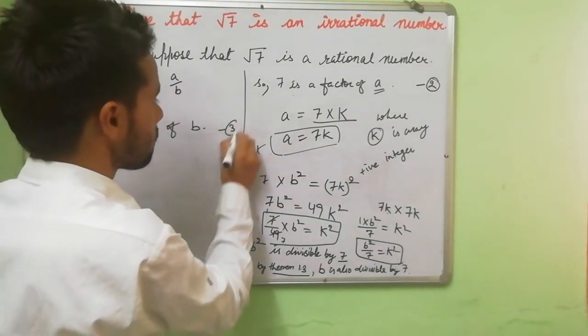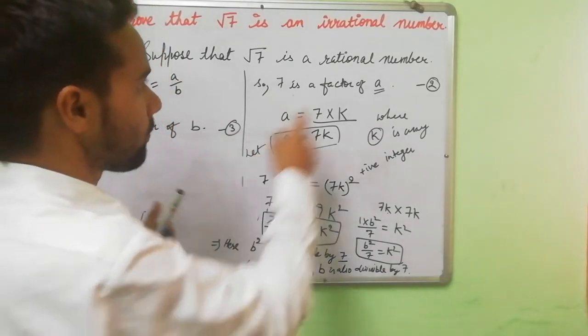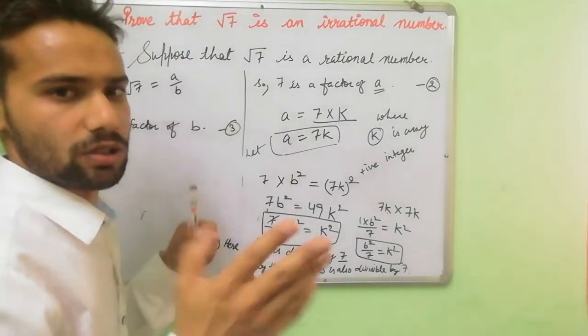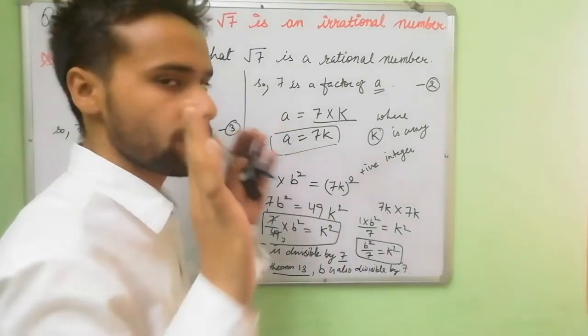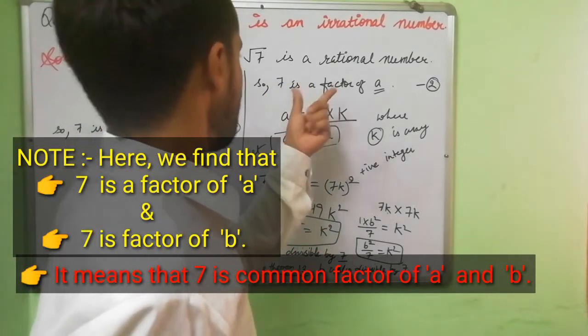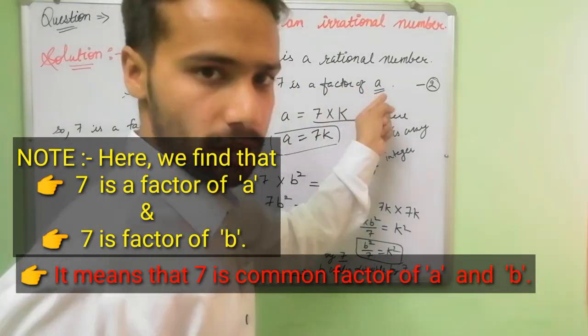This is your third equation. If you compare equation number 2 and the third, here I prove two things: 7 is a factor of a, because 7 divides a.